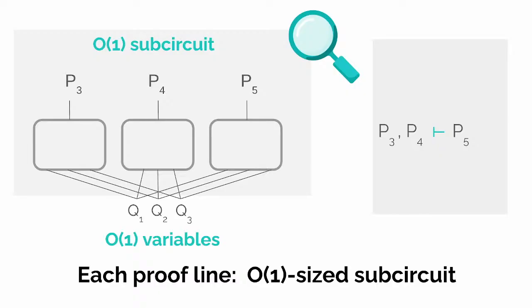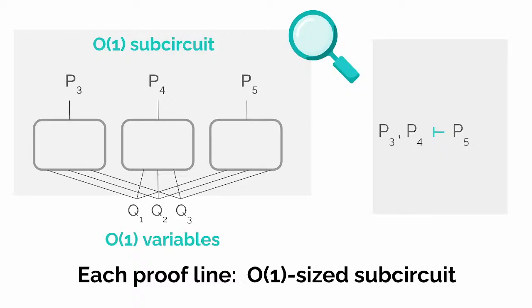That means there's a constant size subcircuit, and you can have intermediate wires called Q1, Q2, Q3, and P3, P4, P5 can all be computed from these intermediate wires. And this whole thing is constant size. Really, that's the way I want you to think of EF proof in this talk.